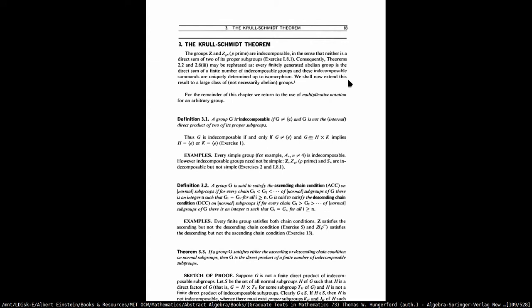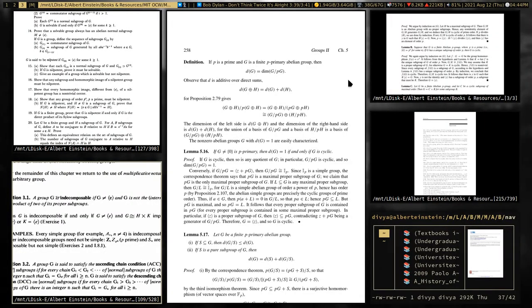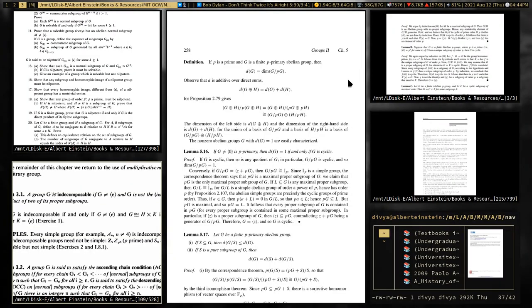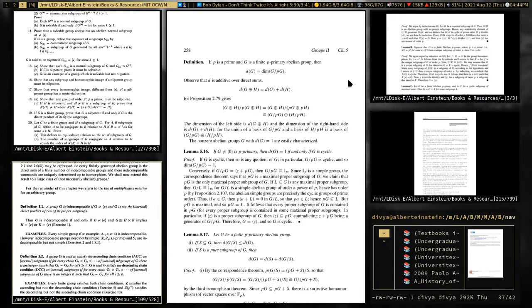Are you familiar with Fraleigh? Wait, Fraleigh? I'm mistaking him for someone else, maybe. Yeah, there's a book called A First Course in Abstract Algebra. Oh, Fraleigh? I've been studying from it. There seemed to be kind of a snobbery against that book, like it was too elementary.